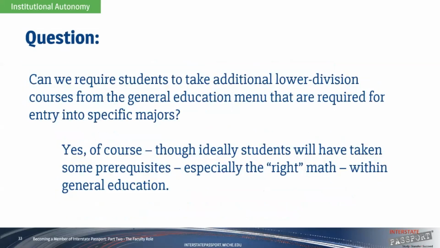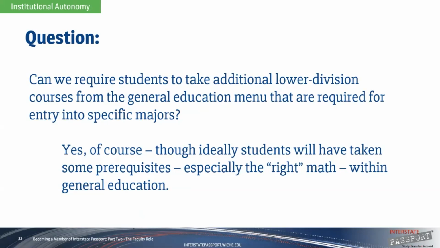Can we require students to take additional lower division courses from the general education menu that are required for entry into specific majors? Yes, of course. Students who come to you without the prerequisites for a specific major, of course, will need to take their preparation at your institution in order to enter the majors of their choice.